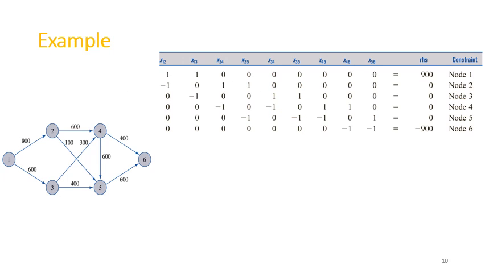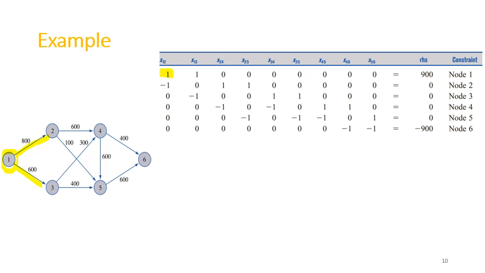Now for the constraints, we have two types. The first one is the flow balance constraint, and the second one, which we will see later, is about the capacity of each arc. Now let's do the flow balance constraint for each node in the network. For node 1, nothing goes into node 1, so no inflow, but the outflow is x12 and x13.